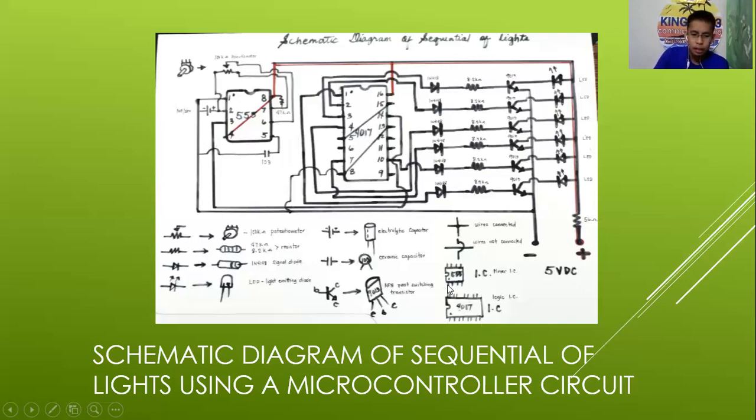And here, it starts here to 4, 5 to 8. Okay, so that is how we are going to identify the pins of the IC. So just like here from the schematic, it illustrates that 1, 2, 3, 4, 5, and so on up to 16. So we call these ICs in the circuit as microcontrollers because we are controlling the sequence of light.